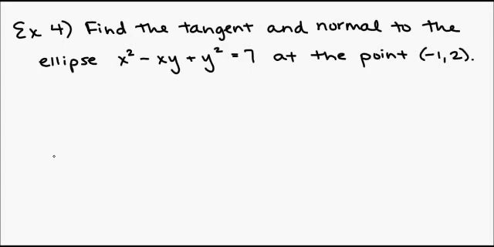Okay. Example 4. Find the tangent and normal to the ellipse x squared minus xy plus y squared equals 7 at the point -1, 2. So if we're going to find the tangent and normal, we need to find the derivative to get the slope. Okay?